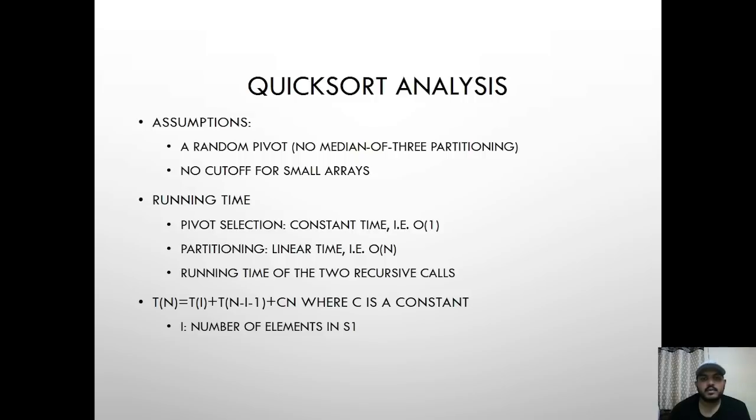The runtime includes the two recursive calls, where c is a constant. The basic formula is T of n equals T of i plus T of n minus i minus 1 plus cn, where c is a constant.